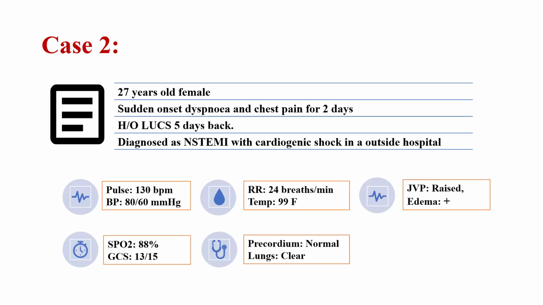History should come first. 80% of cases we can diagnose by history. Only 9% of cases we can diagnose by examination, and 9% of cases by investigations. In clinical cardiology practice, it is also applicable in that manner.